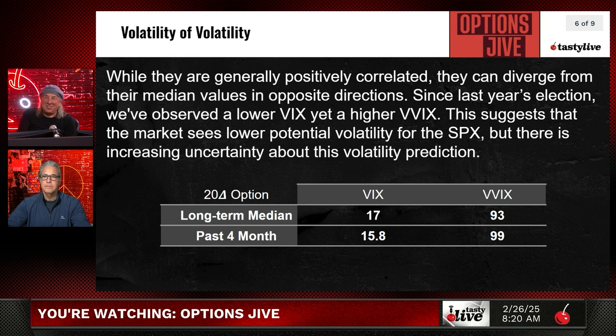I think this is actually a good slide. The long-term median VIX is 17. The past 4 months are 15.5. But on the other hand, the VVIX long-term median is 93, and the past 4 months have been 99. Doesn't make a lot of sense, but it is what it is. And I think they described it here very nicely: there's increasing uncertainty about this volatility prediction.